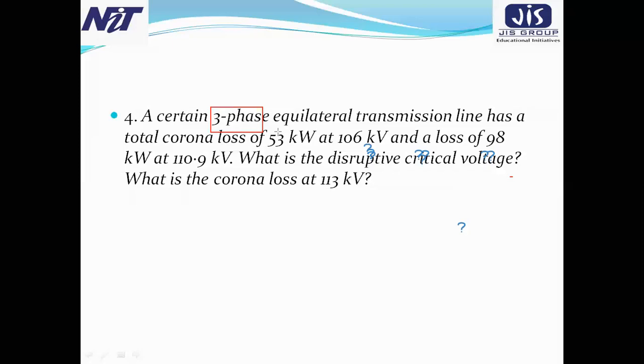Look, this is a 3-phase equilateral transmission line that has a total coronal loss of 53 kilowatt at 106 kilovolt, and a loss of 98 kilowatt at 110.9 kilovolt. What is the critical disruptive voltage? What is the coronal loss at 113 kilovolts?